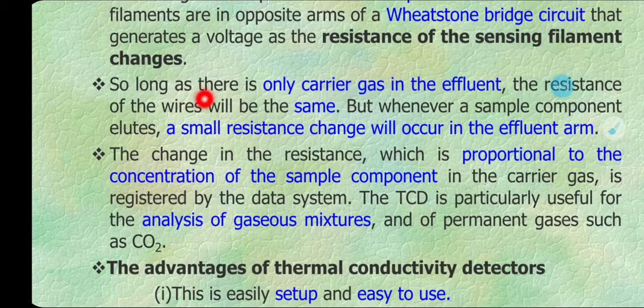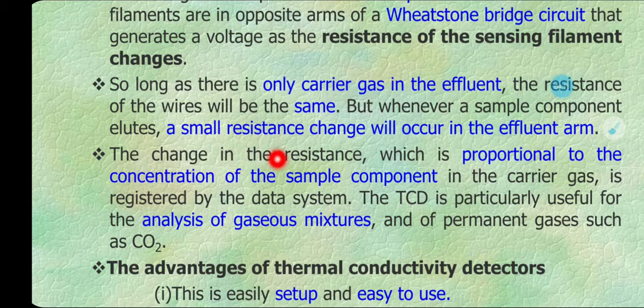So long as only carrier gas is in the effluent, the resistance of the wire will be the same, but whenever a sample component comes with the effluent, a small resistance change will occur in the sample side of the detector.